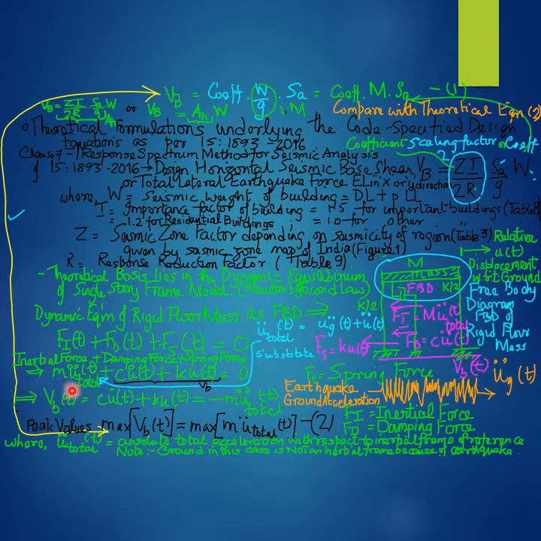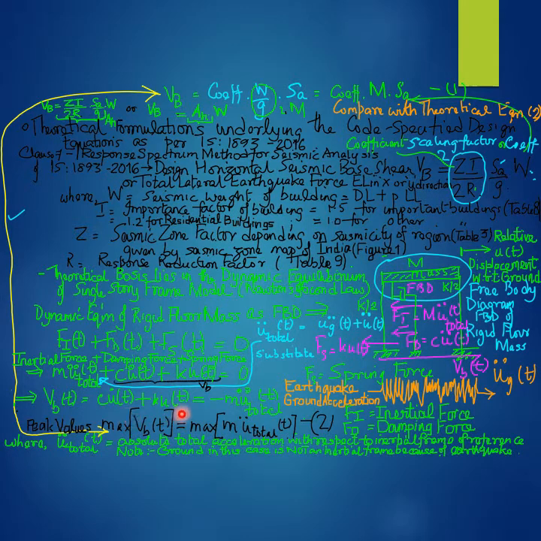One can rearrange the terms in the dynamic equilibrium equation, taking the term corresponding to the dynamic inertial force F subscript I, that is equal to m u double dot total as a function of time, to the other side, that is the right hand side of the equation, for the dynamic equilibrium of the floor mass.